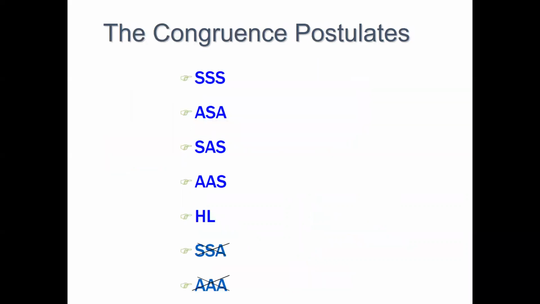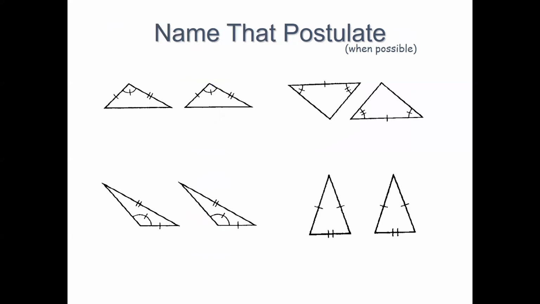Here are the valid postulates we can use. So we learned about side, angle yesterday. Today we've thrown in side, angle, side, and HL. Keep in mind the bottom two are not possible. So we're going to name that postulate when possible. We're going to start with the pair at the top left.